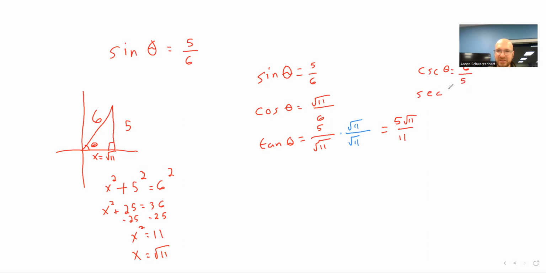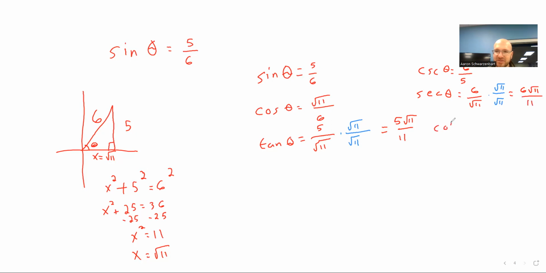Secant, 6 over square root of 11. Again, I rationalize the same way, giving me 6 square root of 11 over 11.